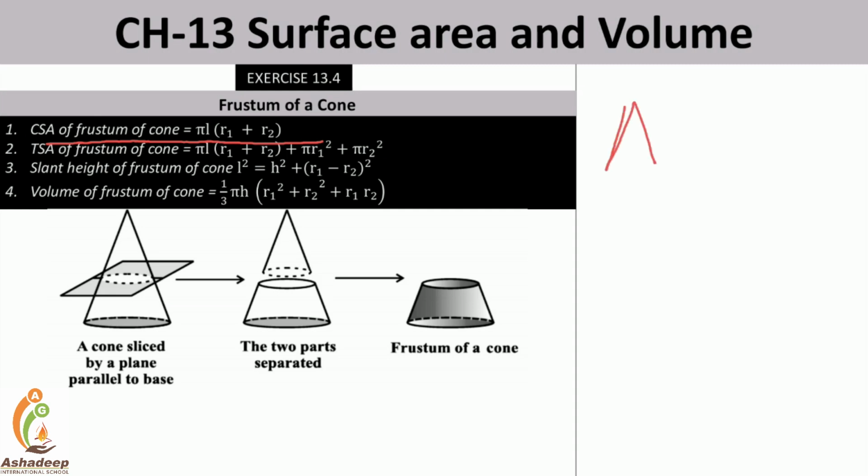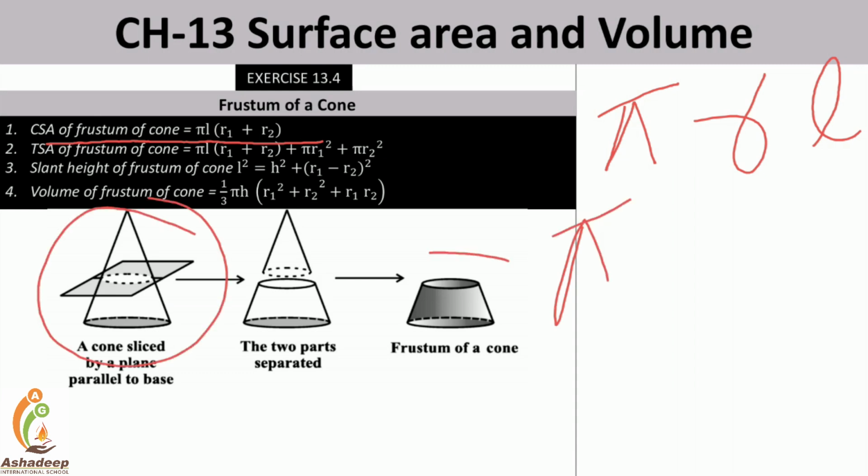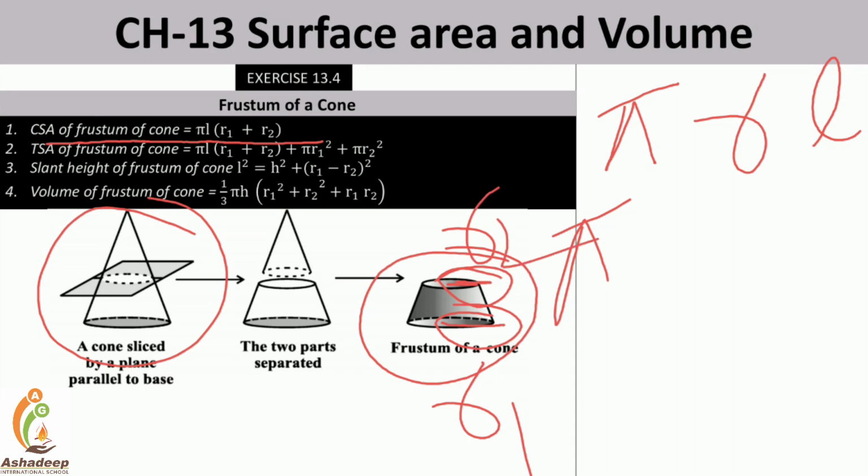That is πRL. Here in the cone we have only one radius, but in the frustum of a cone we have the top radius and the bottom radius, the smaller radius and the greater radius. Here we'll take the greater radius as R1 and the smaller radius as R2.